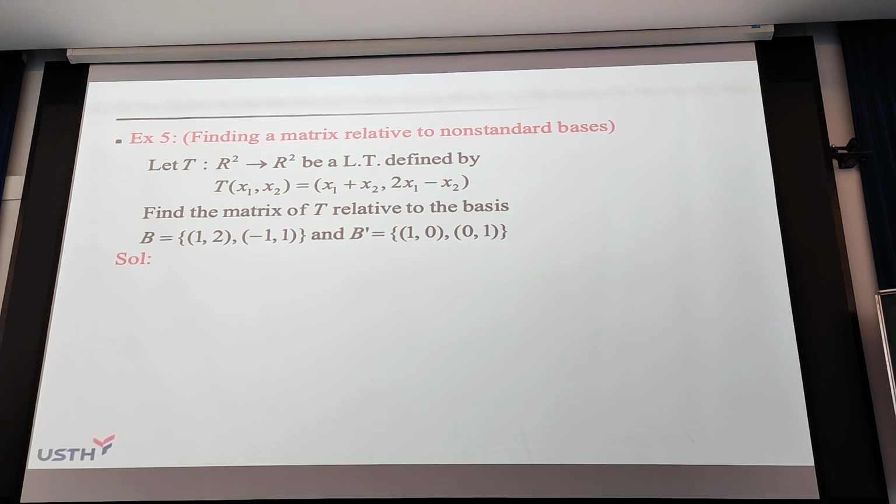We consider any linear transformation from a vector space V into a vector space W. In that case, we need to fix a basis B on the domain and a basis B prime on the codomain W. And then we define the matrix of T relative to the basis B and B prime.